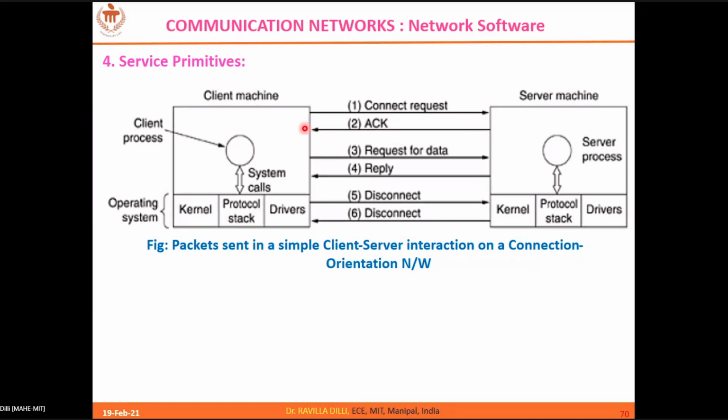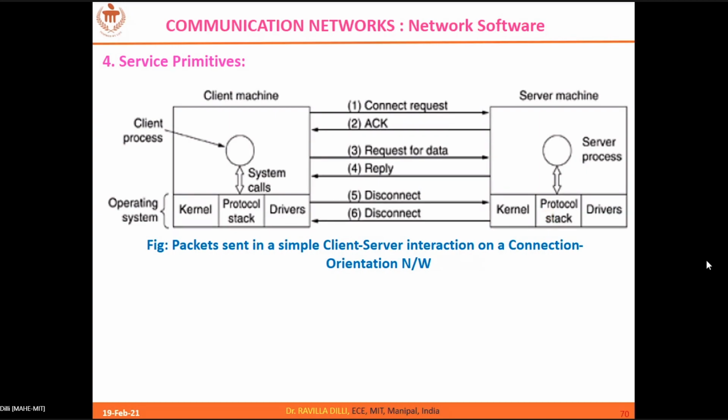By receiving the ACK, the client comes to know that a connection is established. I'm not going into detail about client-to-server establishment and server-to-client establishment; I am considering them together here. If you go into detail, that is a different thing, maybe we'll see that in the transport layer.